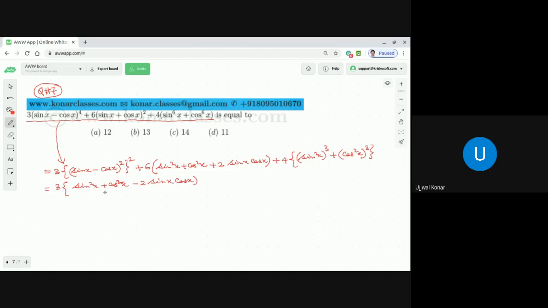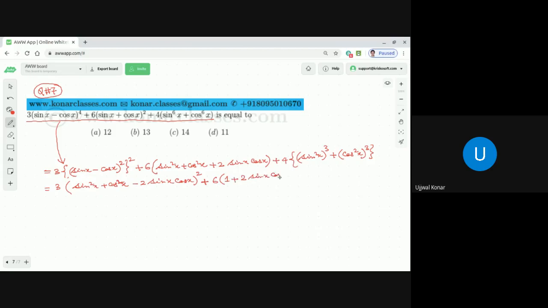So in fact, the second bracket is not required. We can do it as the first bracket whole square. Very good. Appreciate.